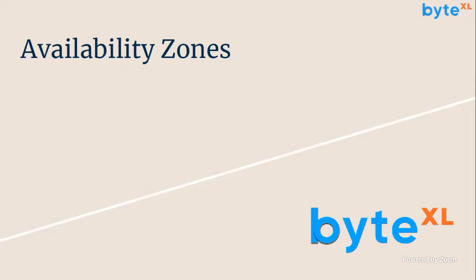Okay, now let's try to understand what a zone is. Just now I've shown the regions, and I've also shown something called a zone. So let's understand what the zone actually is and what it provides: the Azure availability zone.